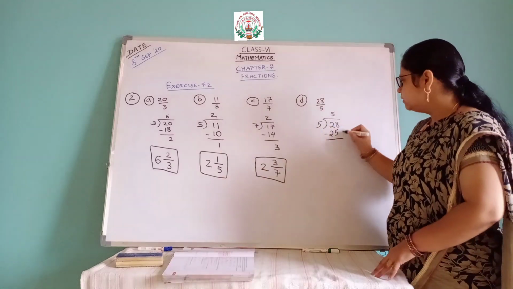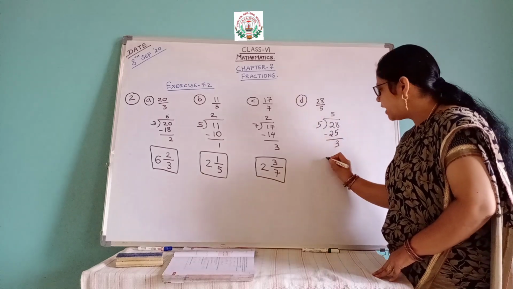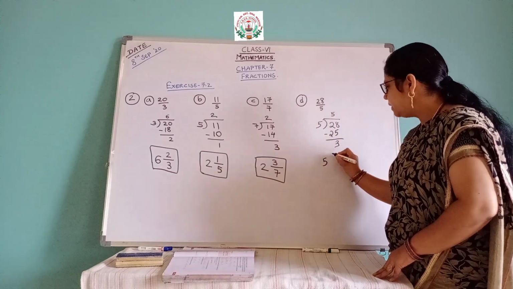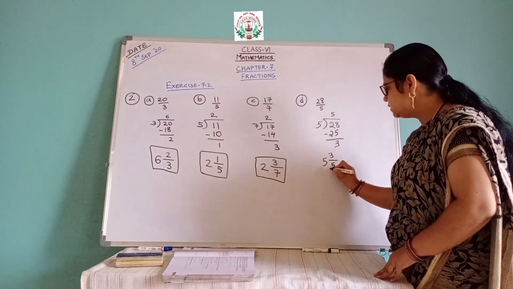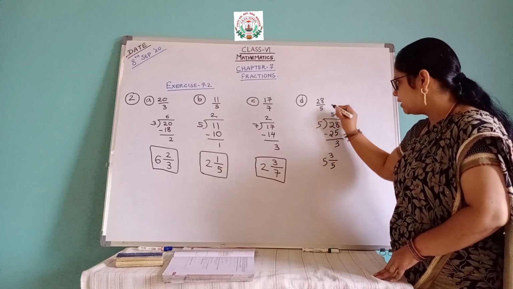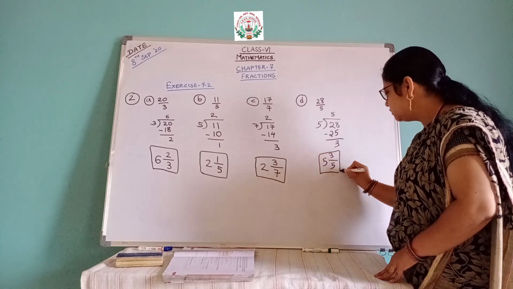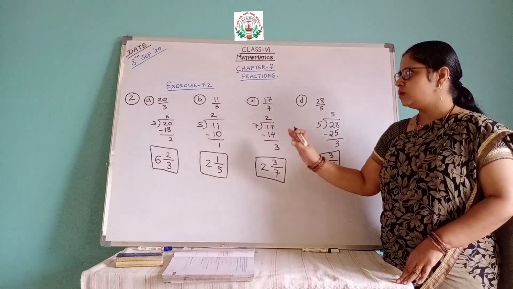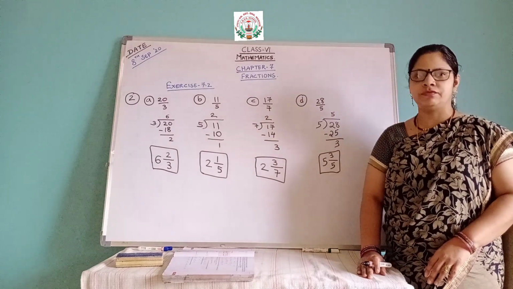So how much remainder? 3. So the whole number part will be 5, the remainder goes in the numerator position, and the denominator will be the same. 5 5s are 25 plus 3 is 28, the same as the question. This is your answer. So in this way we are converting the improper fraction to the mixed fraction.